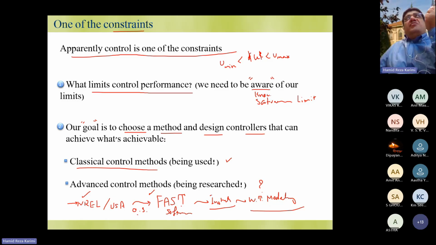And I remember that with FAST you can increase it up to 21 degrees of freedom. It means that you can develop the model up to 21 degrees of freedom.